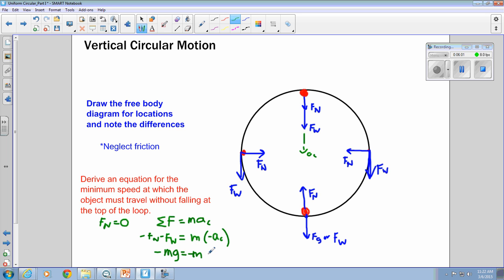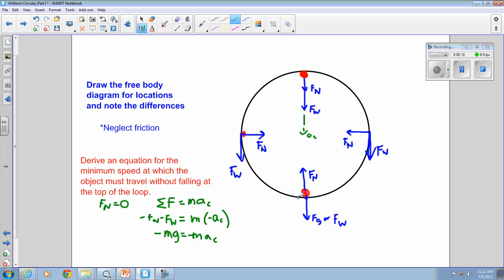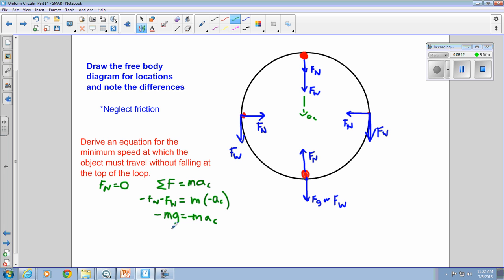Let's bring that negative out front, and we can see that the negative cancels out, and our mass also cancels out. So that minimum speed is whenever our centripetal acceleration is equal to gravity.